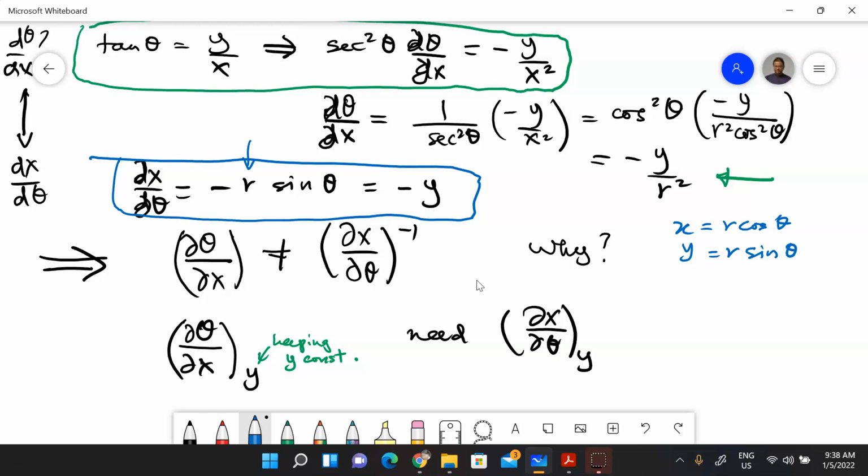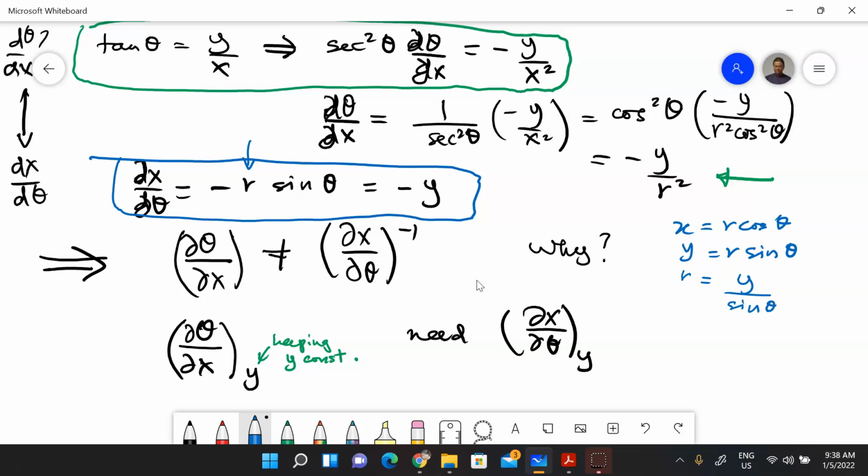If I want to replace your r, because you want to keep y constant, I need to put r to be y over sine theta.